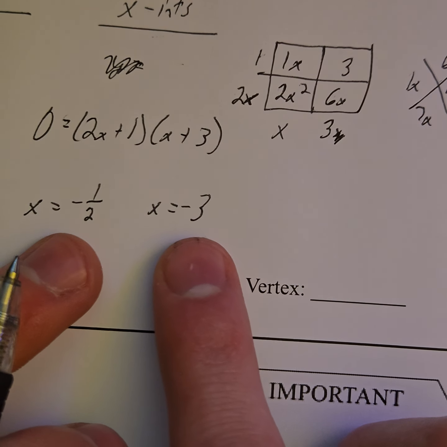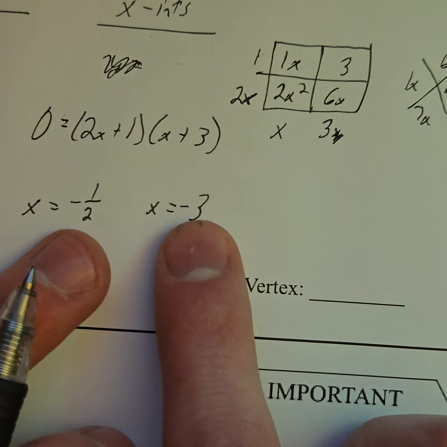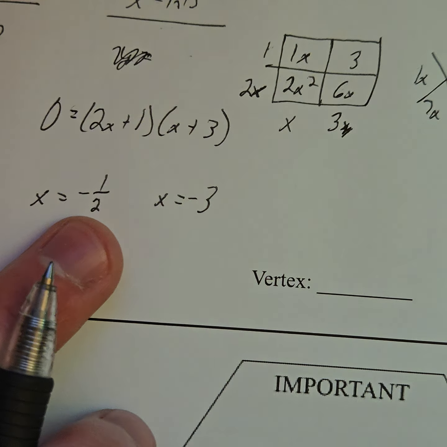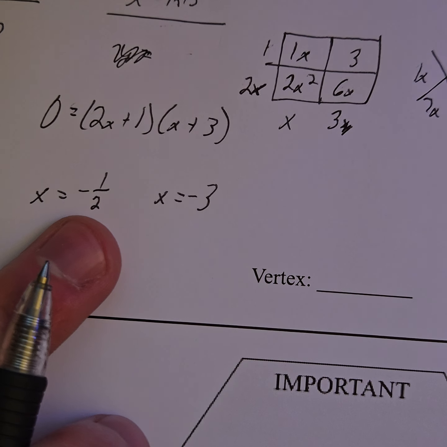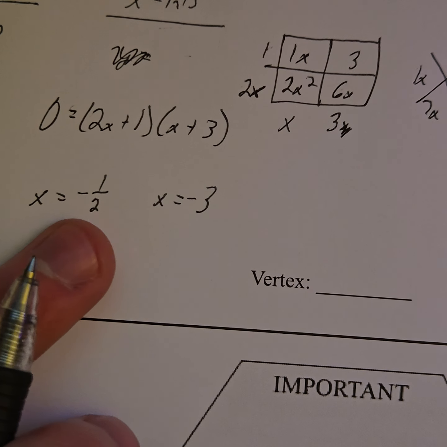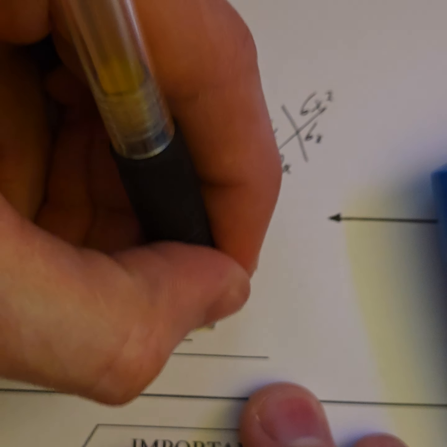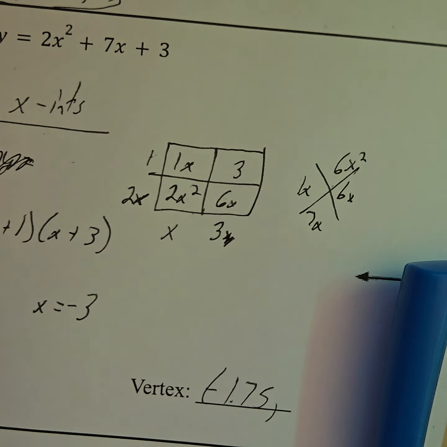Okay, and then it wants you to find the vertex on this one. It would be halfway between these two. So if you found the midpoint of negative 3 and negative 1/2, it's at negative 1.75 for x. And that's not going to be a nice number.